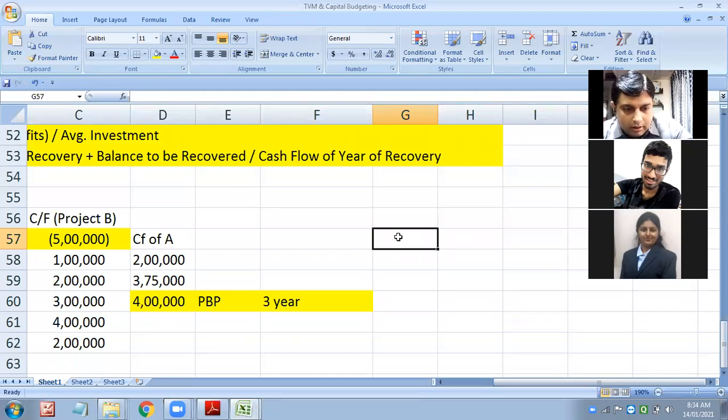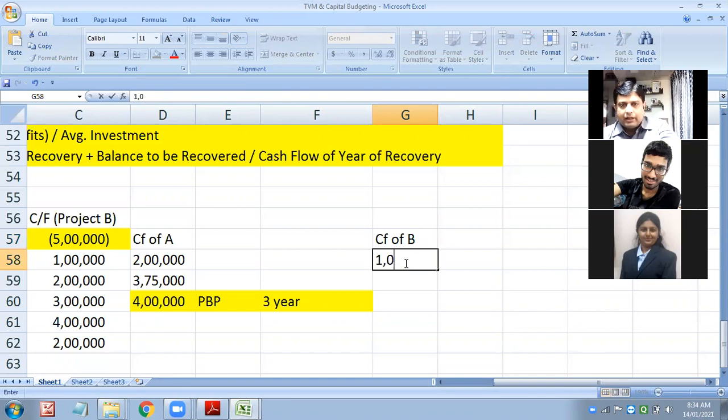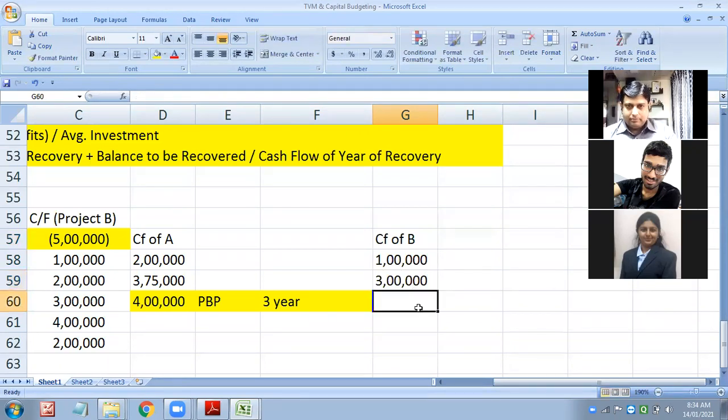Again, cumulative cash flow of B: first year 1 lakh, second year 3 lakhs, third year 6 lakhs.